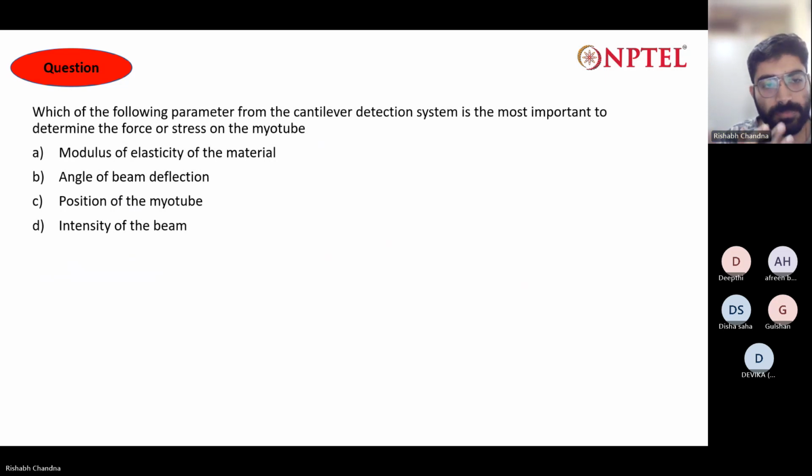Can anybody guess? So here the answer is the angle of beam deflection.